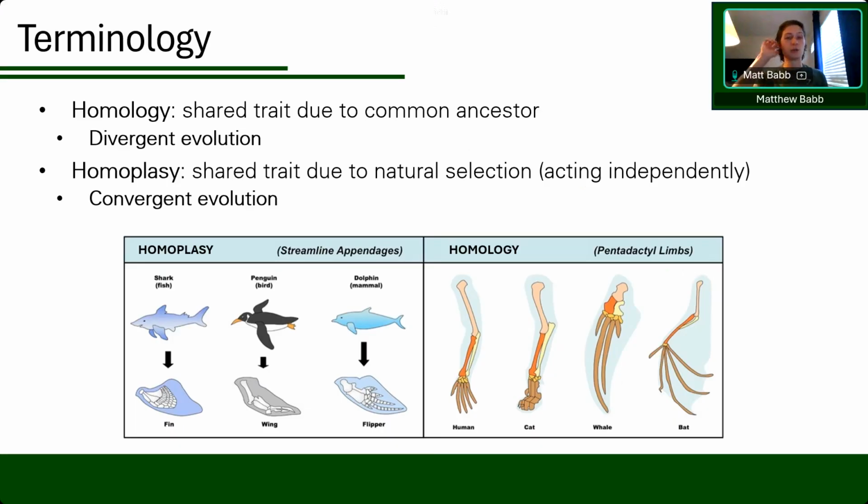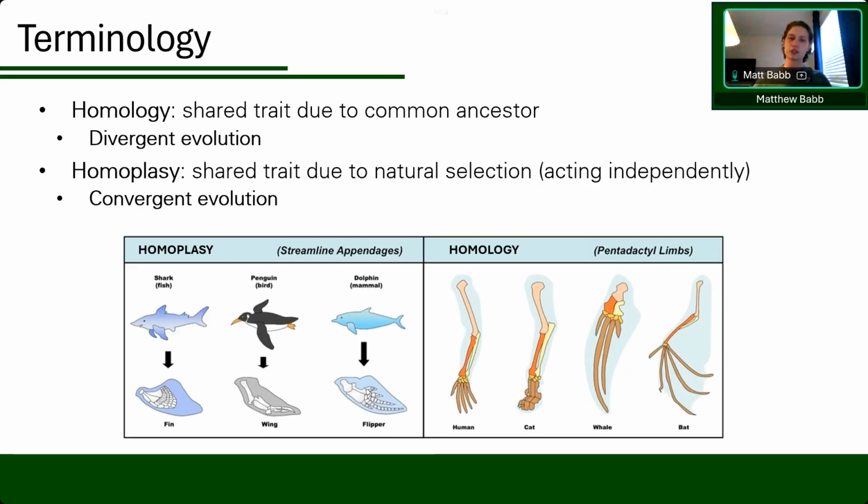This is in contrast to what is known as a homoplasy, which is a trait that's shared between two or more species, but not because they shared a common ancestor, but instead because natural selection has acted independently on each species. So, for example, if we look at the wings of birds and the mammals that have wings like bats and the wings of insects, they all have wings.